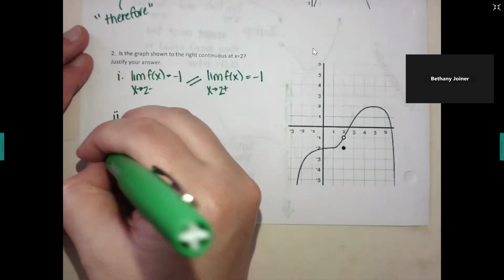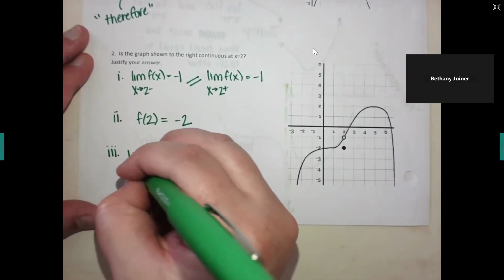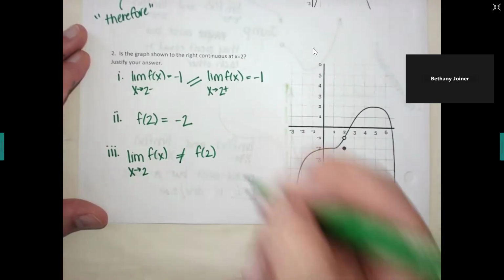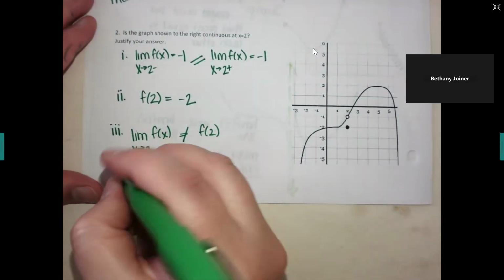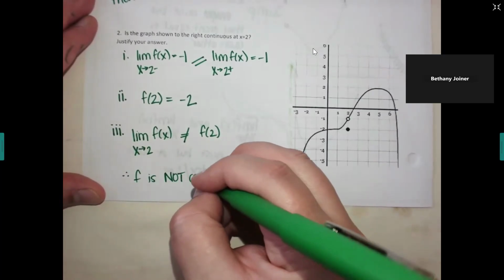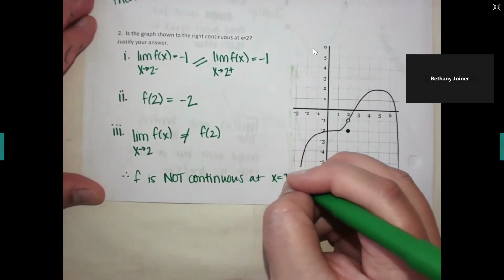For number 3, you would say that the limit as x approaches 2 was not equal to f of 2. If you want to restate that this was -1 and this was -2, you can, but it's not necessary, because you have the information. So therefore, f is not continuous at 2.